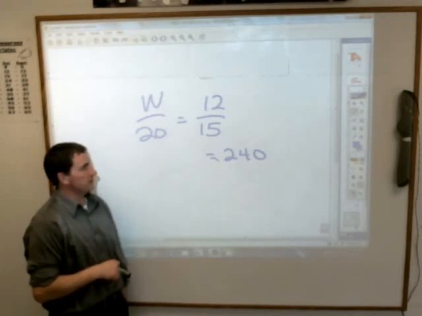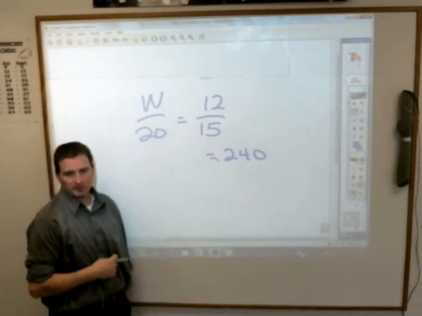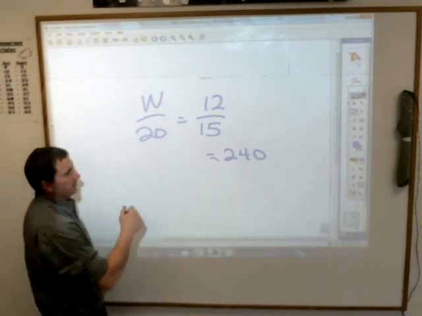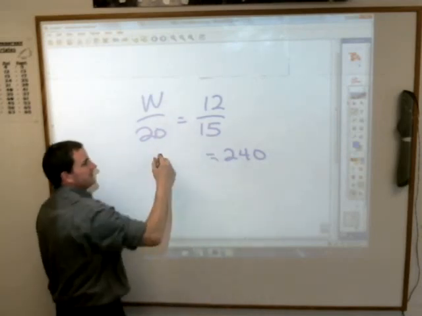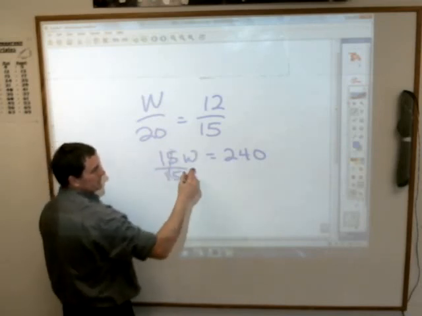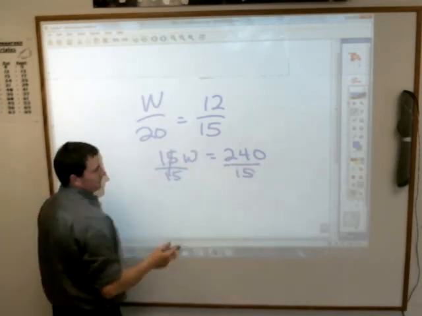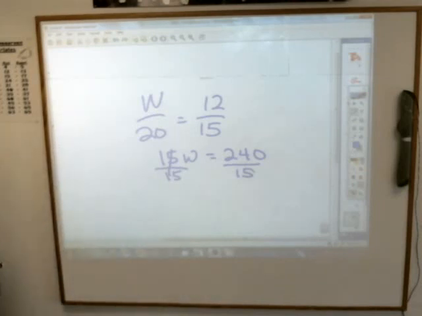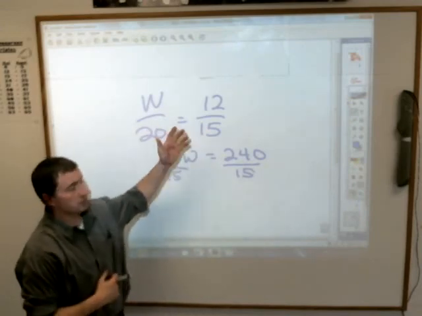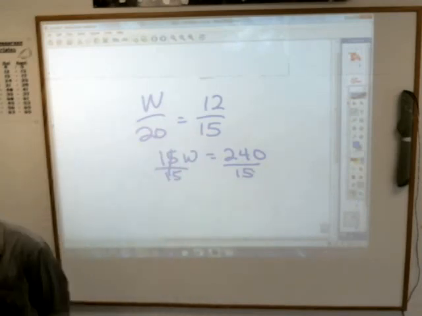If you multiply it by 20, why would you divide by 20? You're gonna end up with 12, the same thing you started with. What are you supposed to divide it by? Well, it's this times this equals 15 times W. You should divide by 15. And that's what's gonna give you the answer. And by the way, you can't cross cancel here. Some of you are thinking that's not multiplication, those are two equal fractions.